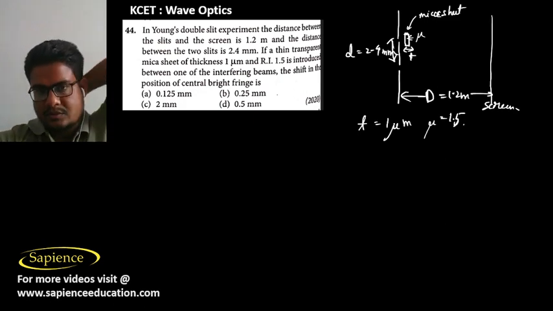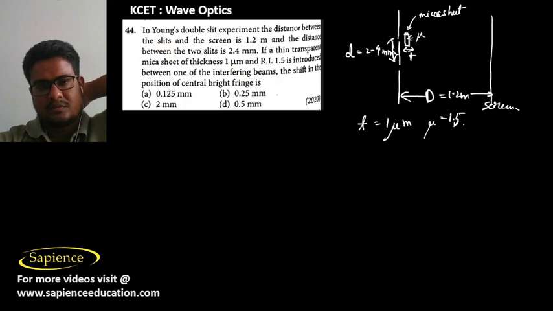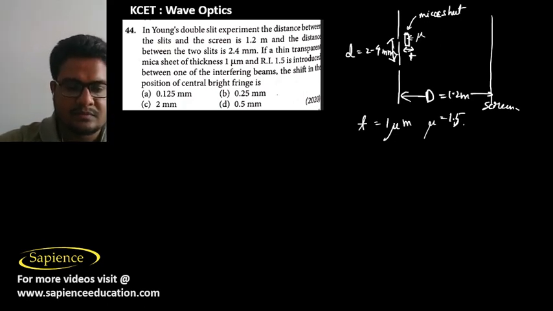Find the shift in the position of the central bright fringe.